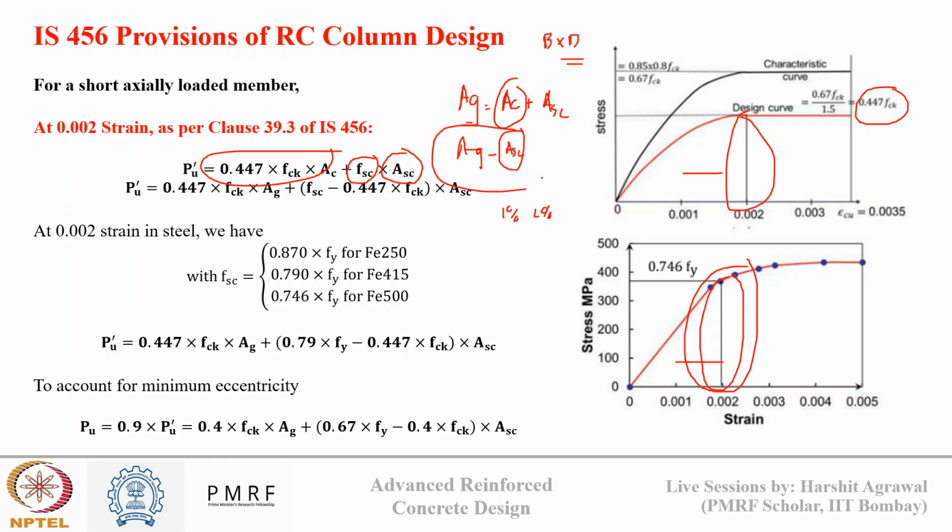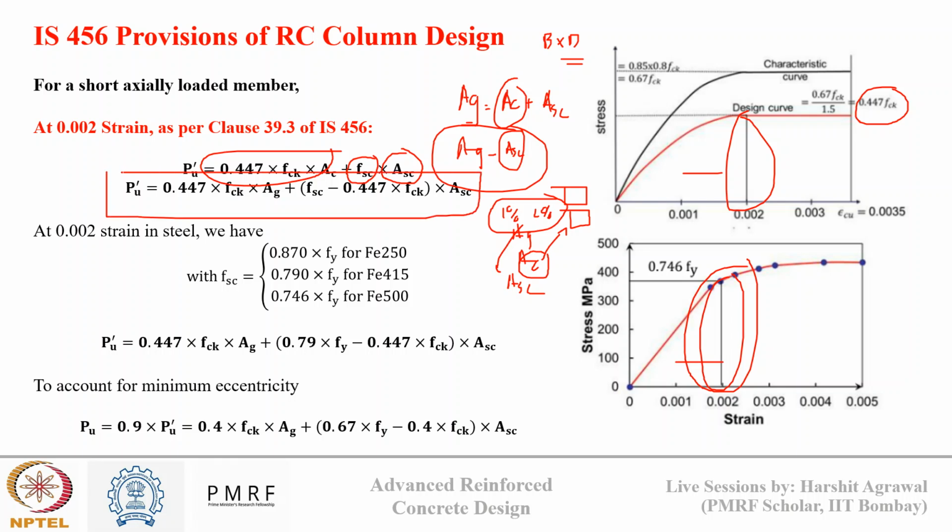Then we calculate the gross area first. Okay, then we calculate concrete area. Once we know the concrete area, we calculate the dimension of concrete. Okay, we can calculate as a square column or a rectangular column, and we know the percentage that we have chosen. From that percentage we calculate the area of steel reinforcement. So this is why code represents this formula in terms of gross area and percentage steel reinforcement also.